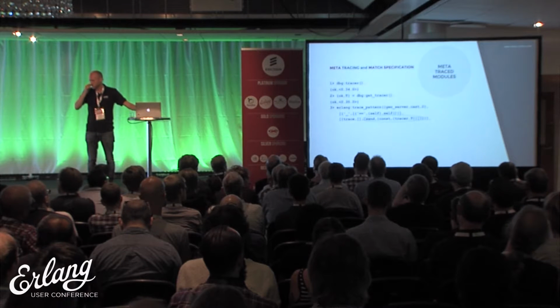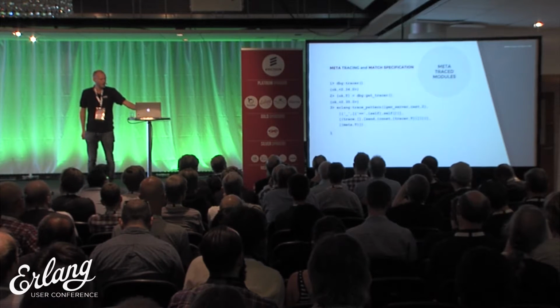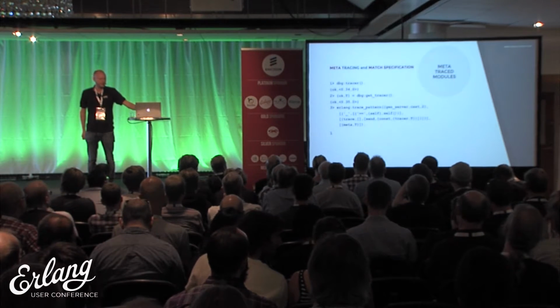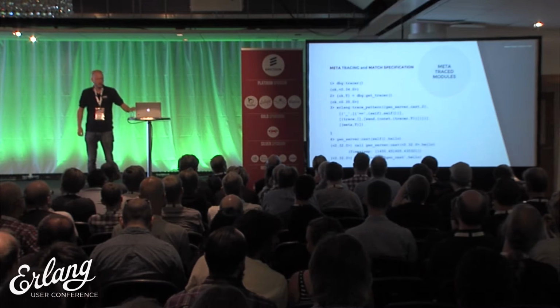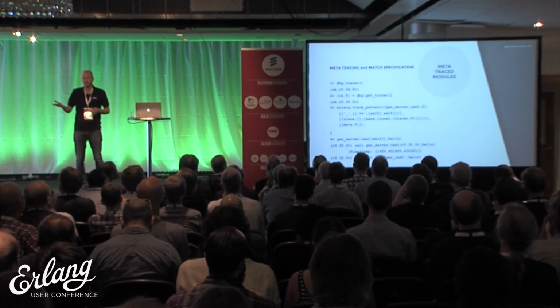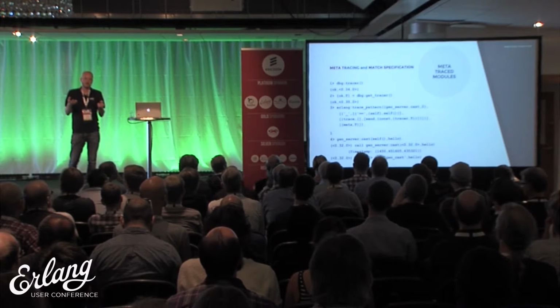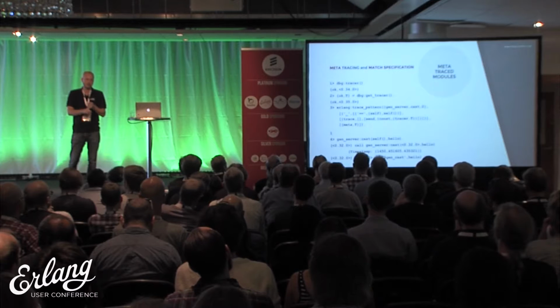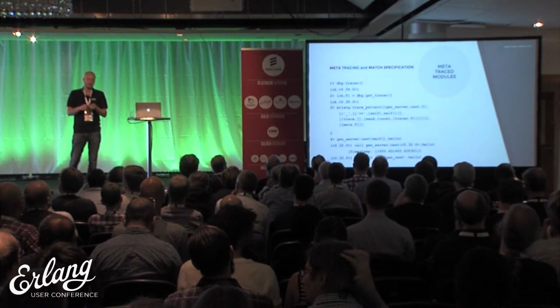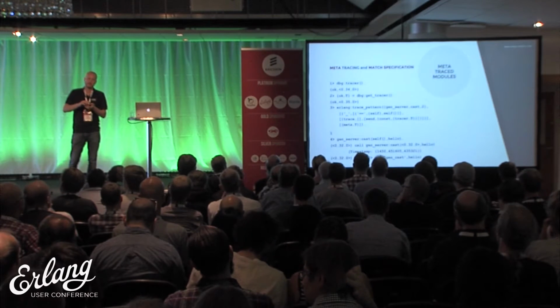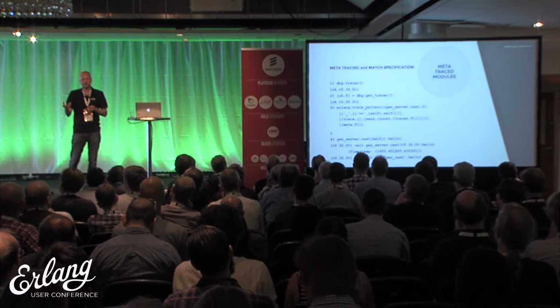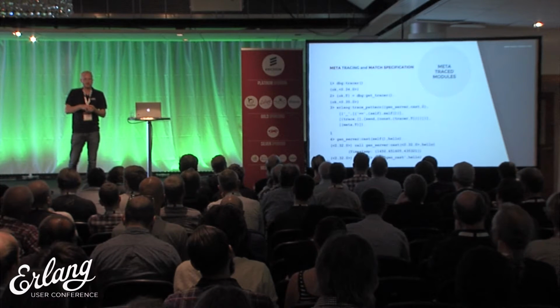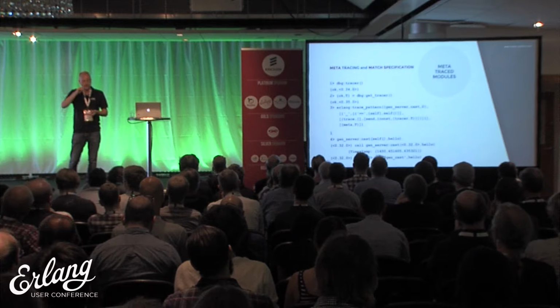So enable trace with send on myself, and enable it as a meta trace. Then when I call GenServer cast, it will execute this match specification, generate a message for the meta trace, and then enable send tracing on that process. I will actually also get the message saying so. From that point on, all of the messages that this process sends will generate a trace event.